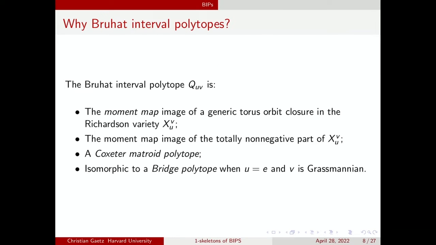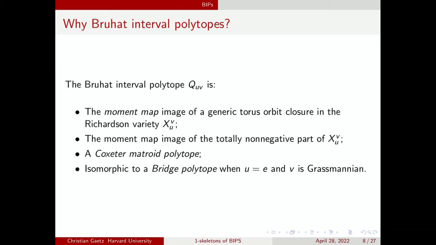Okay, so just before we get into the details of what I want to talk about, I want to say a few contexts where these polytopes have arisen that might be of interest to various subsets of the audience. So this polytope is the moment map image of a generic torus orbit closure in a Richardson variety.